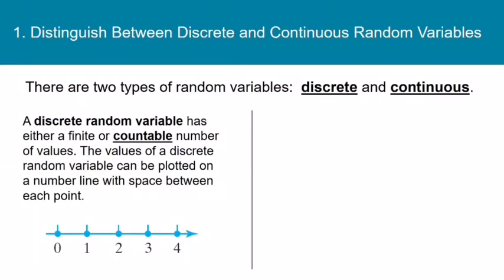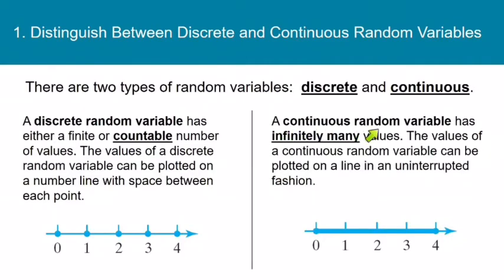I'm sure you remember talking about discrete data and continuous data back in chapter 1, so the difference between discrete and continuous is the same here. With discrete numbers, you jump from one value to the next. So 0, 1, 2, 3, 4, all of those are possible values, but the values in between those whole numbers are not possible. So that's discrete.